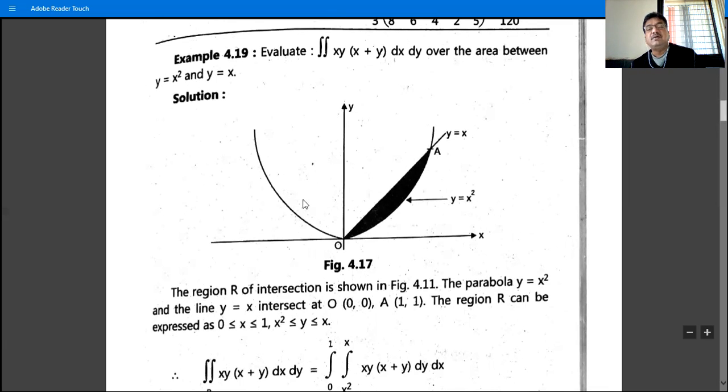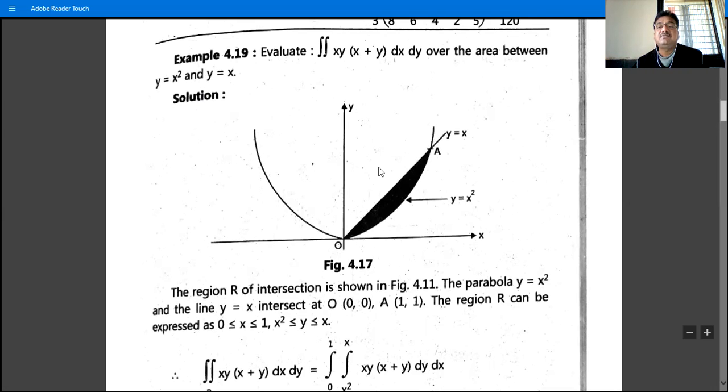If there is a square of y in the equation of the parabola, then it is around the x-axis. Here the square of x means it is around the y-axis and above the x-axis, because y is plus x square. If y is minus x square, then it is below the x-axis. Okay, so this is the figure of y is equal to x square.